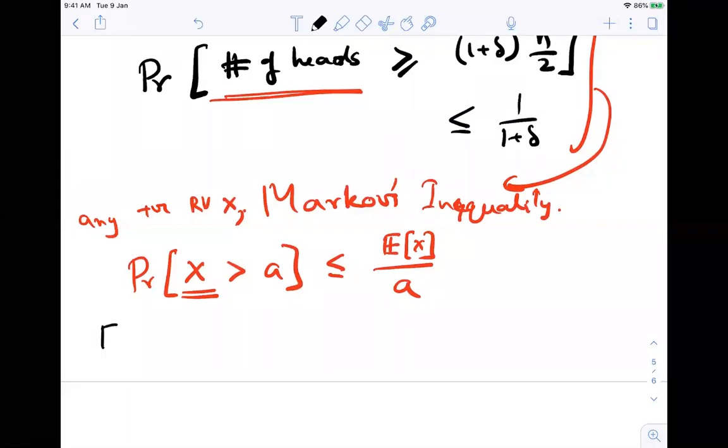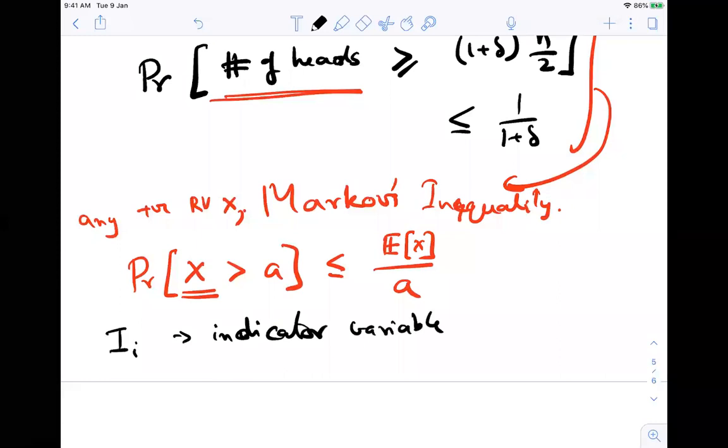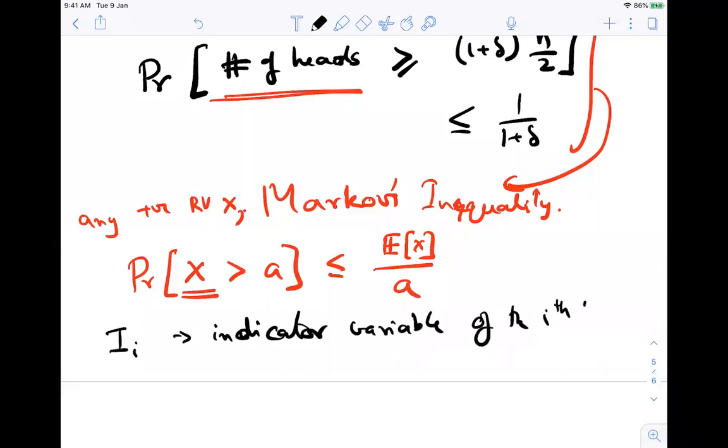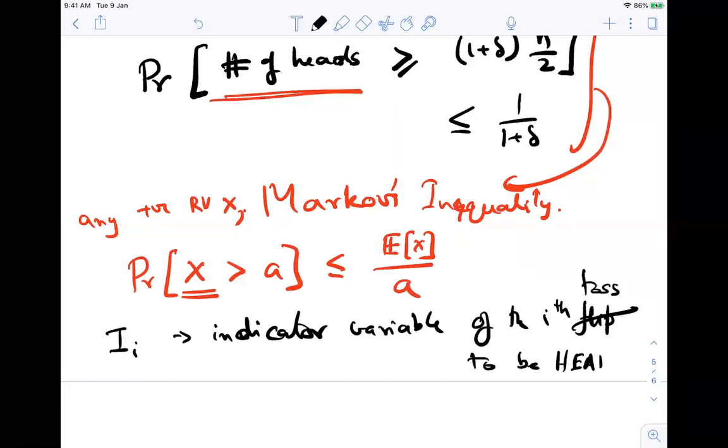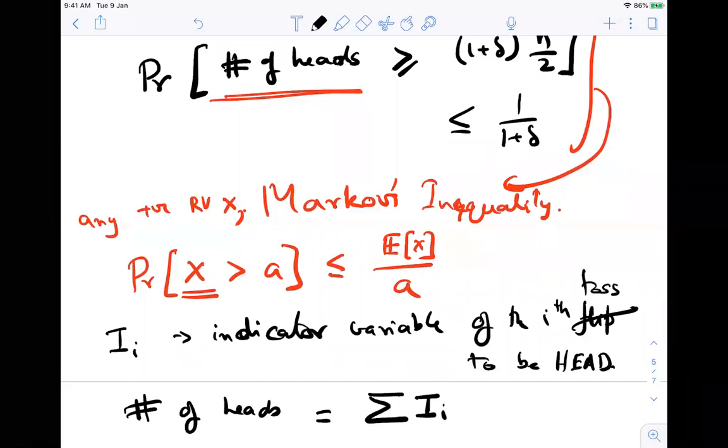If I write Ii as the indicator variable of the ith toss being a head, then the number of heads is nothing but the summation of Ii, i equals 1 to n.